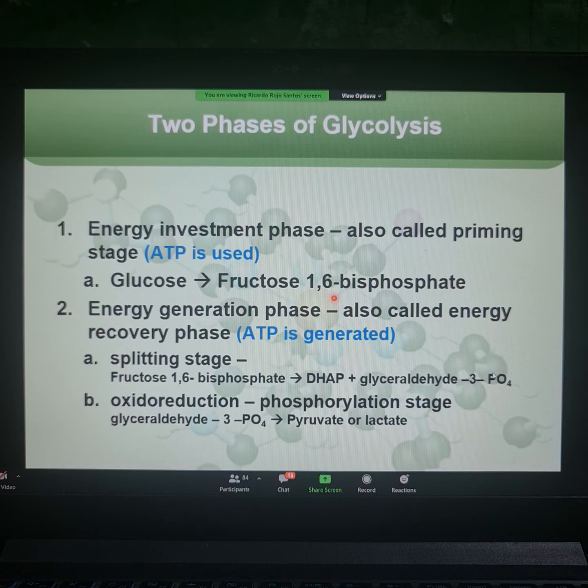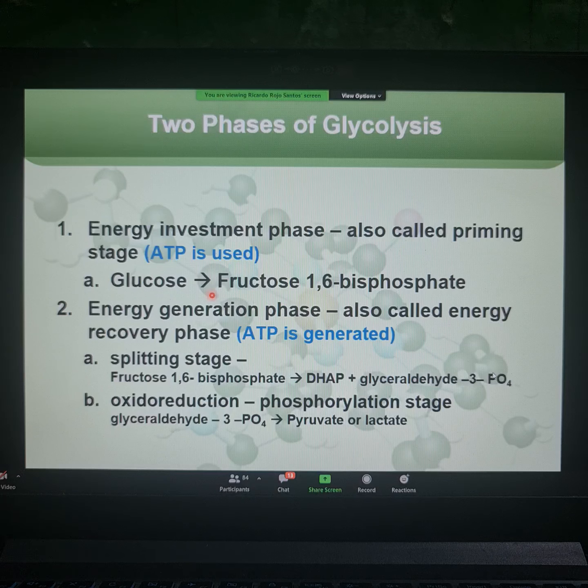Okay? But here, when the phosphate groups are attached to different carbon atoms, you rather call it bisphosphate. Okay? So, one phosphate is attached to carbon 1 of fructose, the other to carbon 6 of fructose.